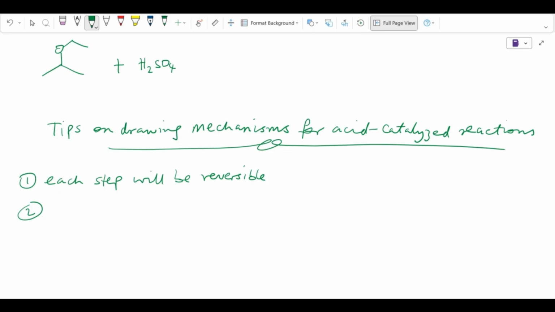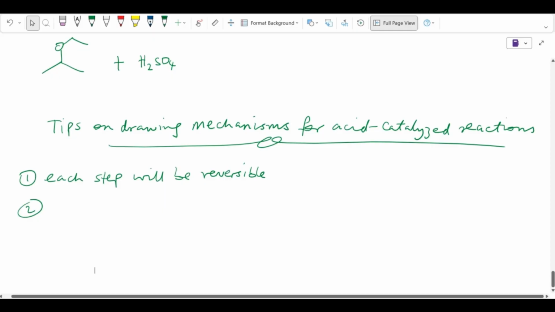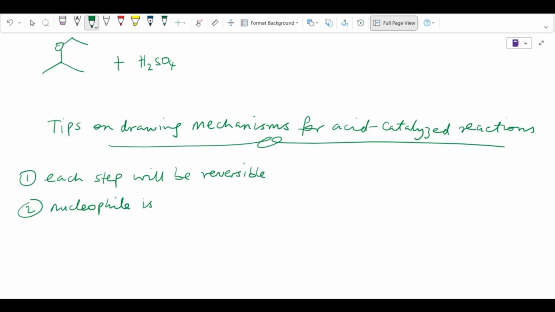Secondly, the nucleophile is usually water or alcohol, and this also serves as the solvent. So the nucleophile is usually water or alcohol.